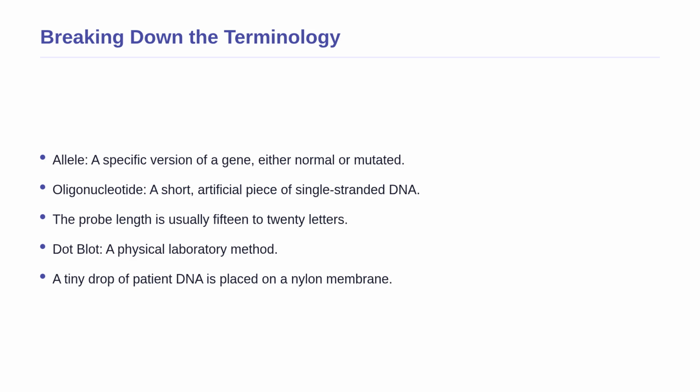Finally, a dot blot describes the physical laboratory method itself. We literally place a tiny drop, or dot, of a patient's DNA onto a special nylon membrane. So, putting it all together, we are using a short, custom-made DNA probe to stick to a specific genetic mutation spotted on a membrane.